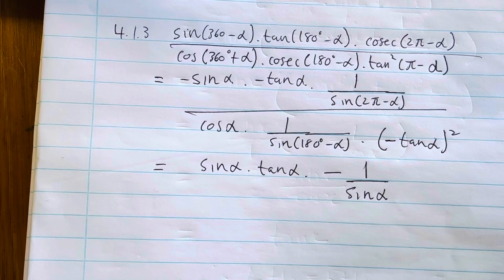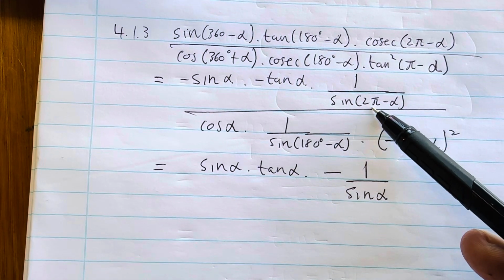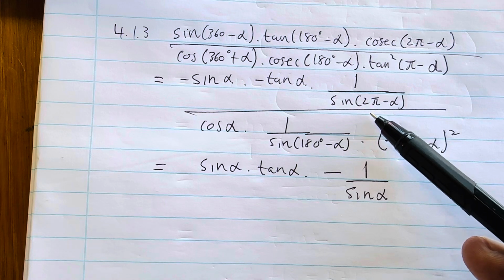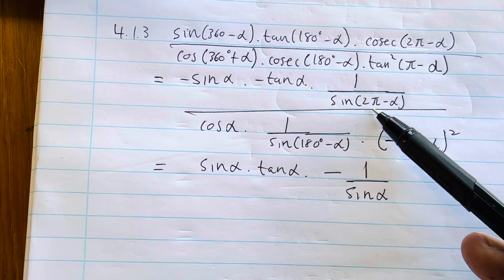We hope that we still are on the same page, we still understand. What we did with this 2 pi is that 2 pi simply means 360. Remember in the first video we talked about 2 pi meaning 360.